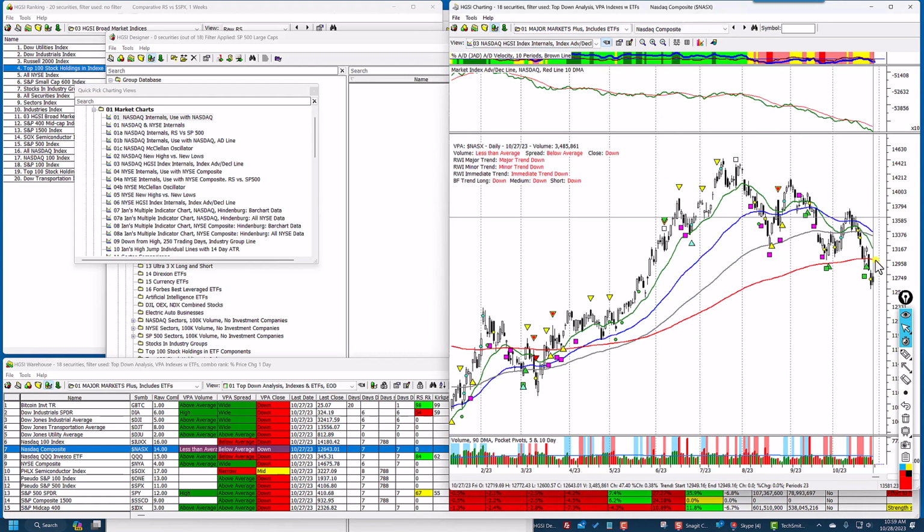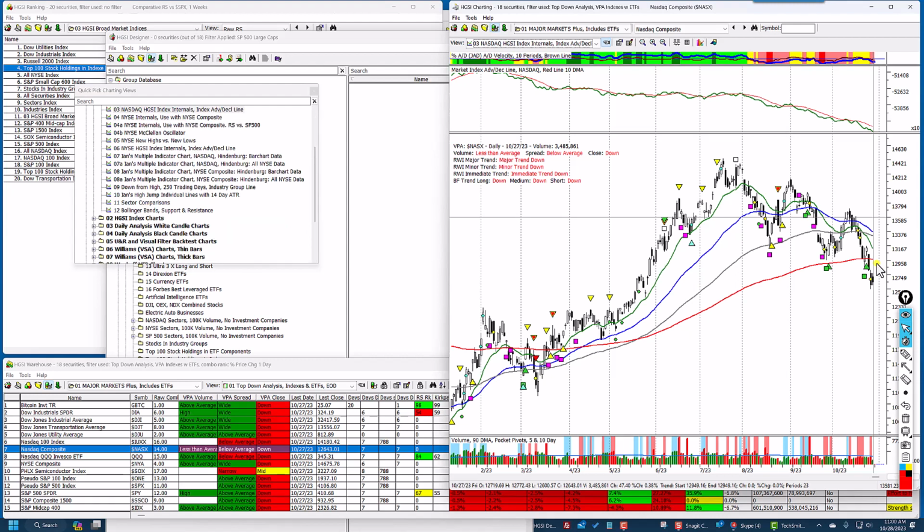I want to point out here the moving averages. These are exponential moving averages, and the index has broken the 200, clearly broken it, and it's well below it.